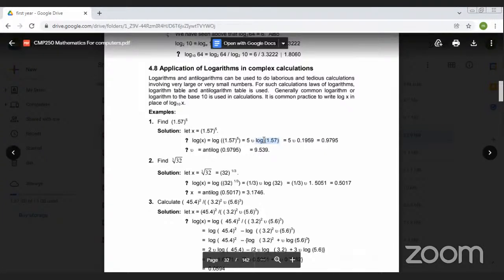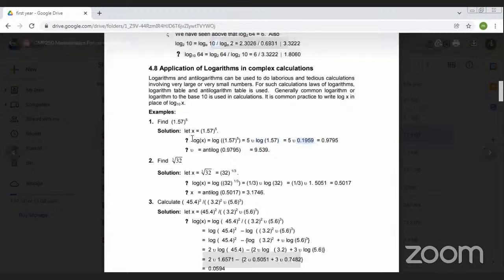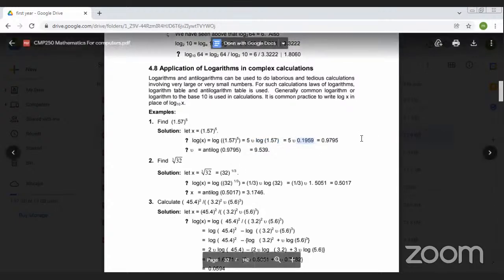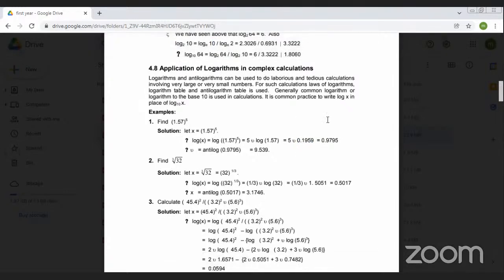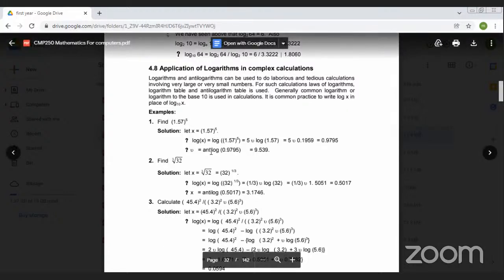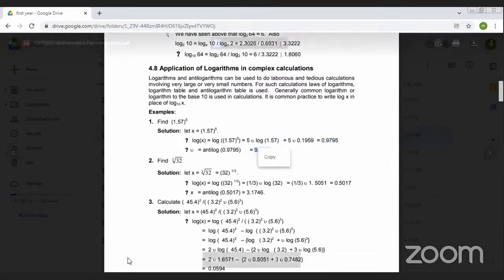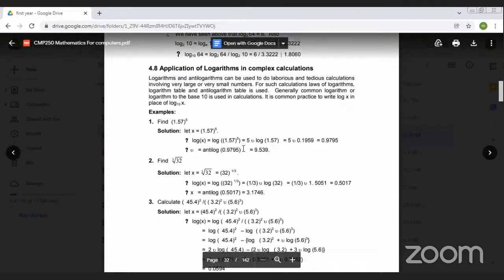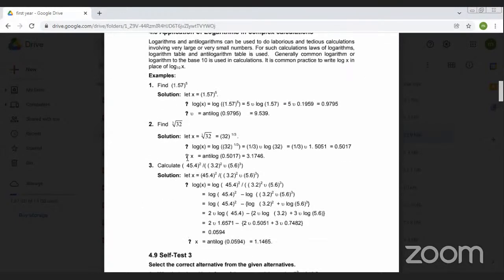Now this one you need to find through your logbook. 1.57, so the value is 0.1959. Simple. 0.975. Now, if they have asked to find anti-log also, what will be the anti-log? Both are there in your logbook only. You need to write it down.